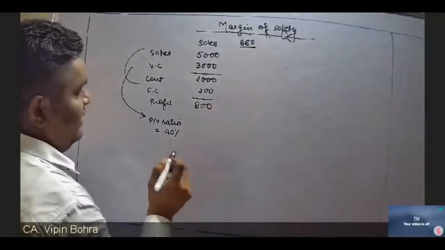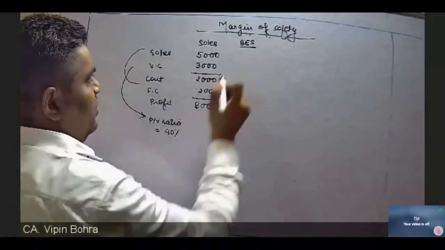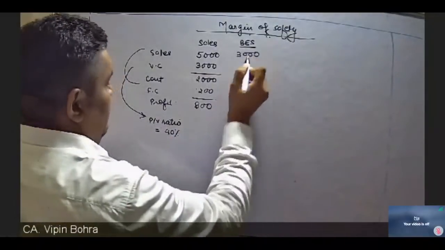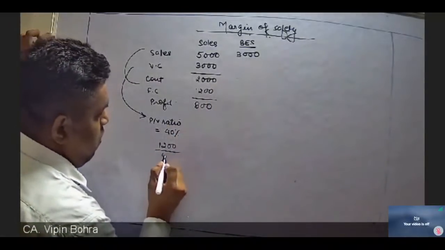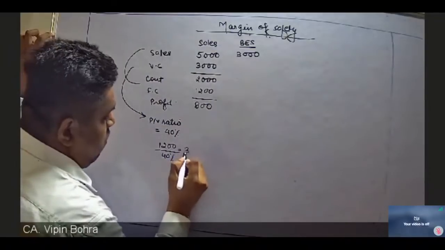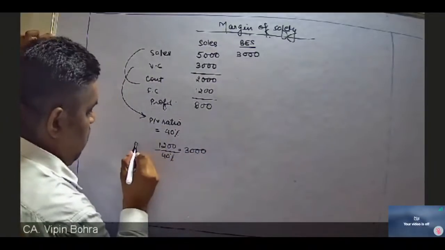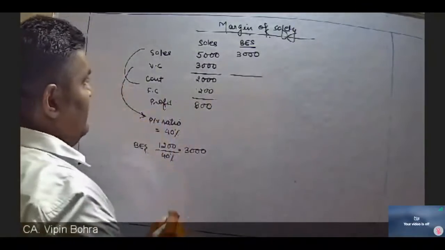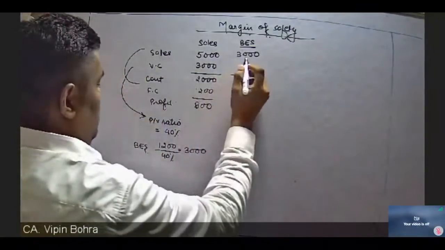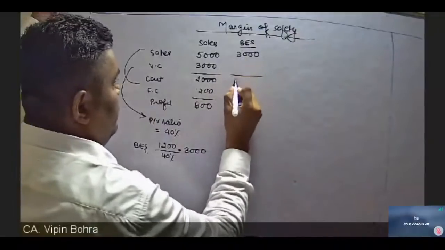I've calculated it directly. 3,000 into 40%, my contribution, my fixed cost is how much? 1,200.